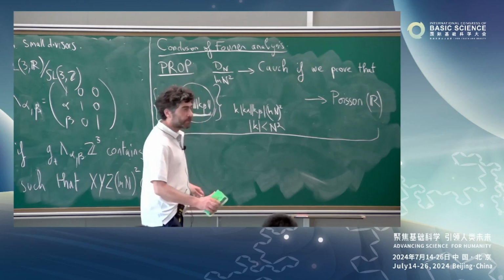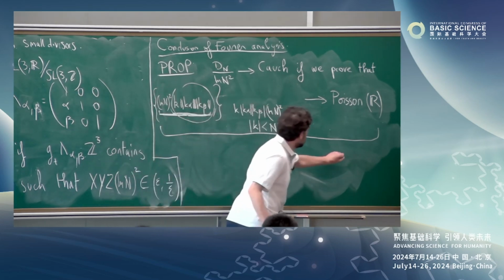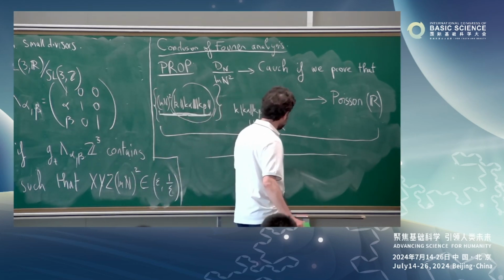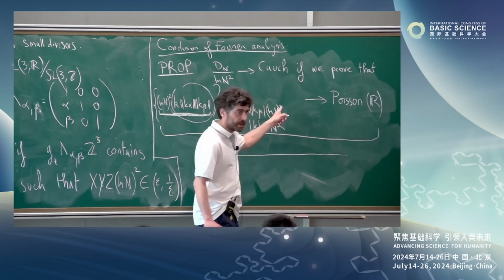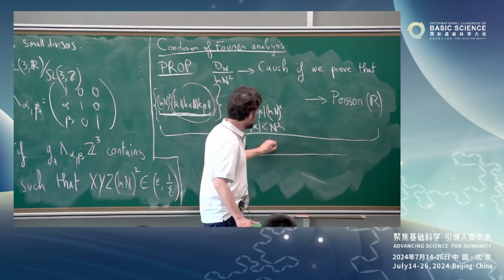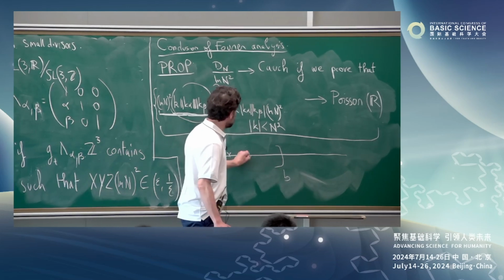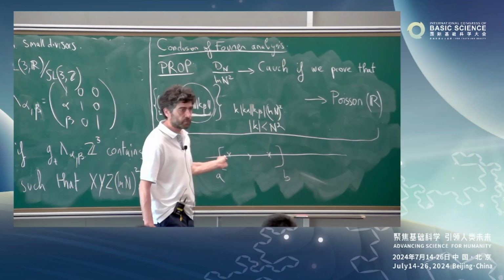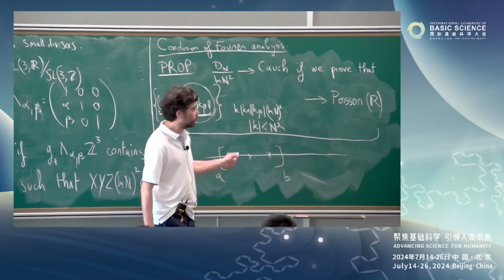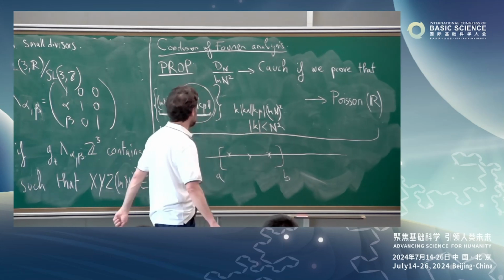So you have R, and you're looking at K alpha, K beta log n squared, and you're looking at an interval AB. And you just count how many times they fall here for K less than n squared.